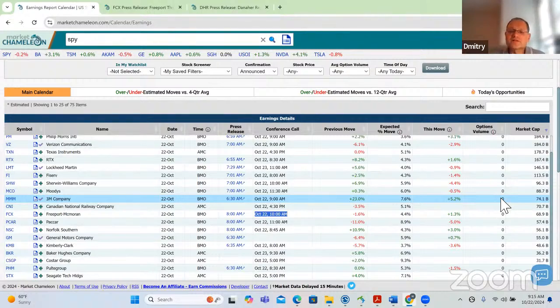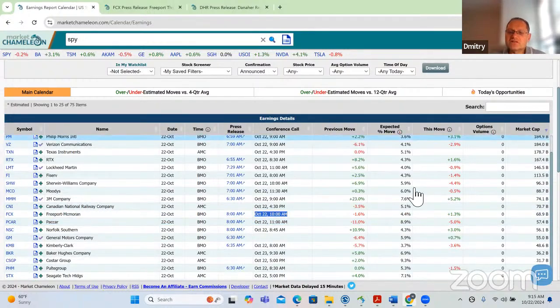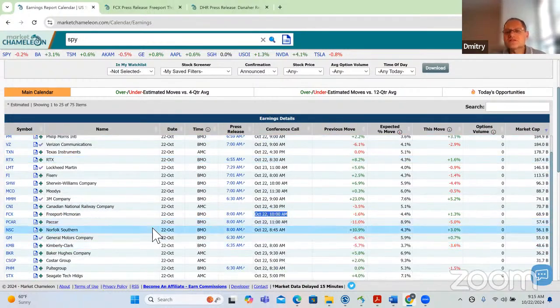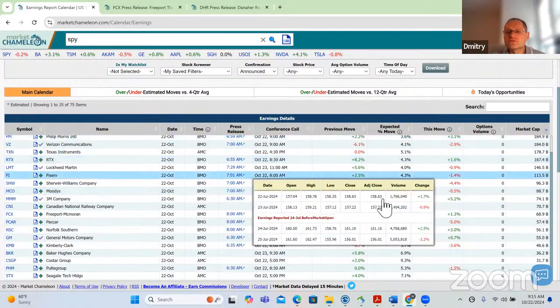So going next to it, for reference, right, we say, well, all right, how did the stock do in the previous move? What did the stock do? Just for a quick reference, and then we list the percentage move, right?